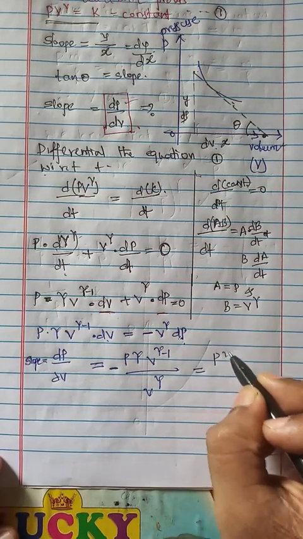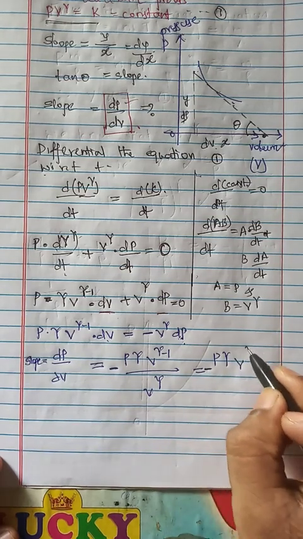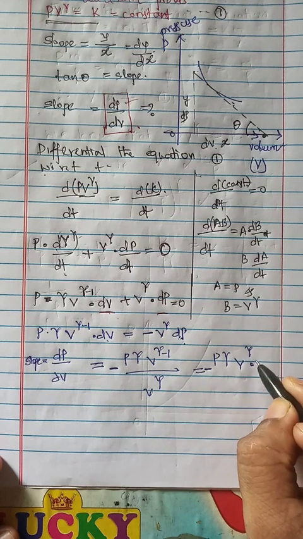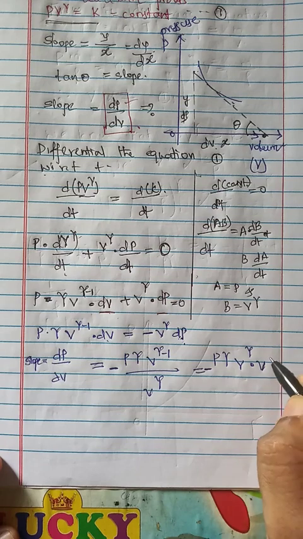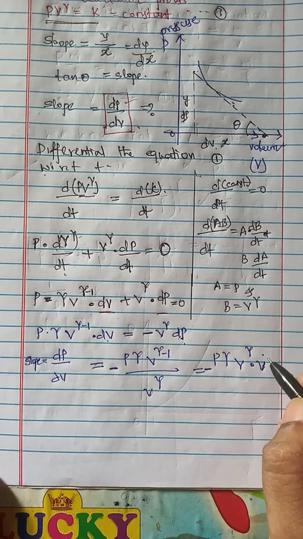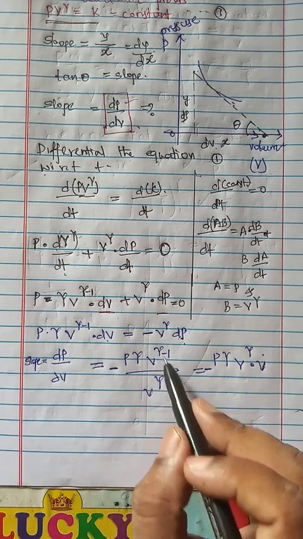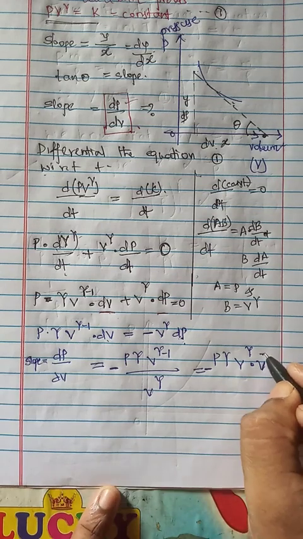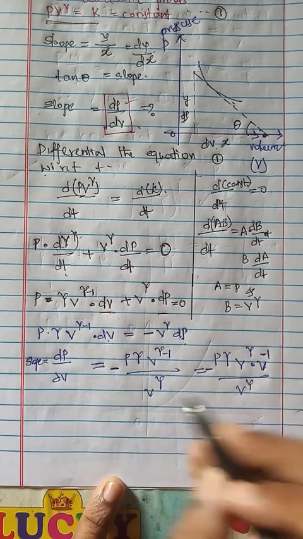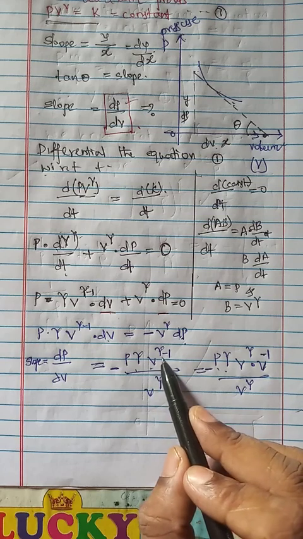Then rearrange: minus P gamma, V to the power gamma into V to the power minus 1, correct, divided by V to the power gamma. So what you are getting here is V to the power gamma into V to the power minus 1 divided by V to the power gamma.